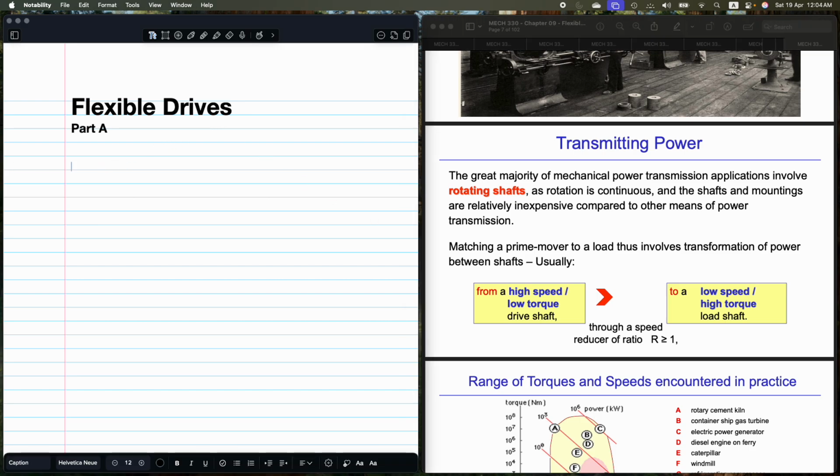We're saying that when we have a driving shaft, this usually has a high RPM and a low torque.